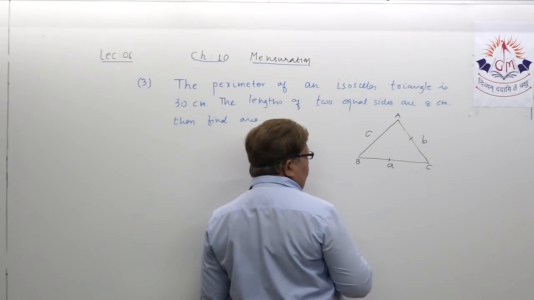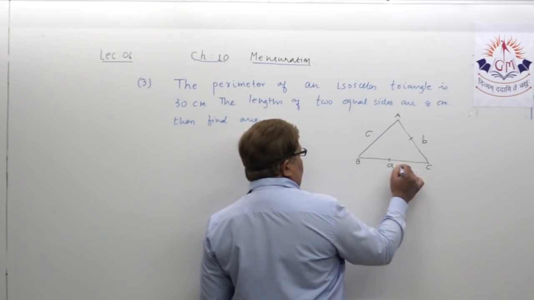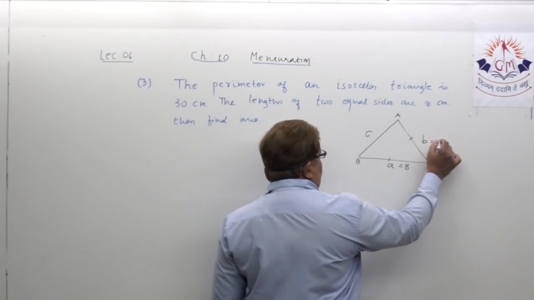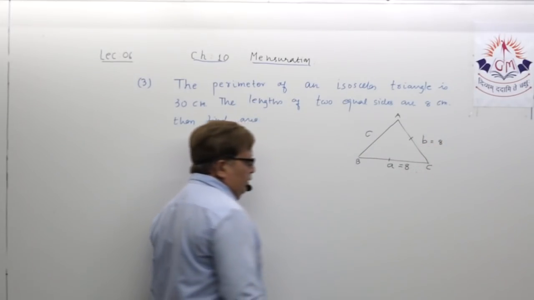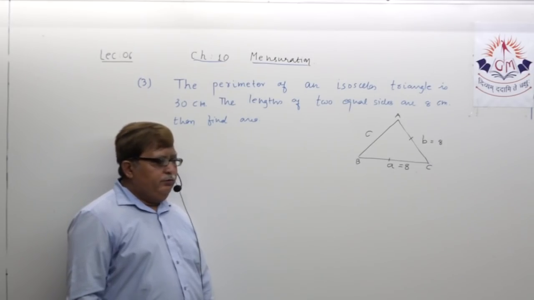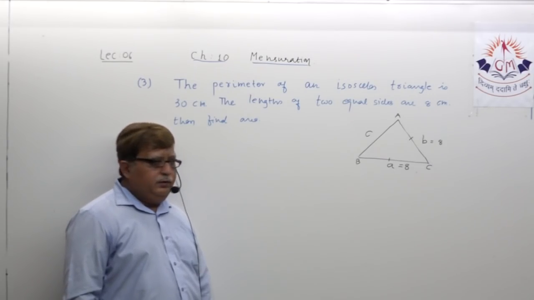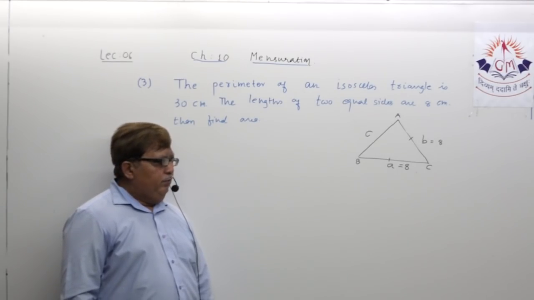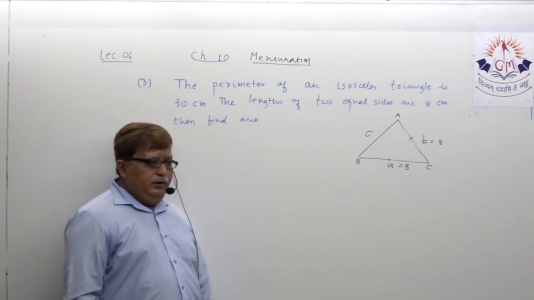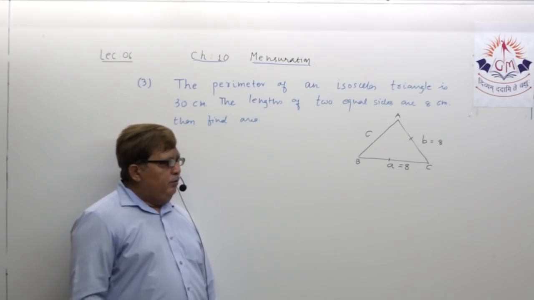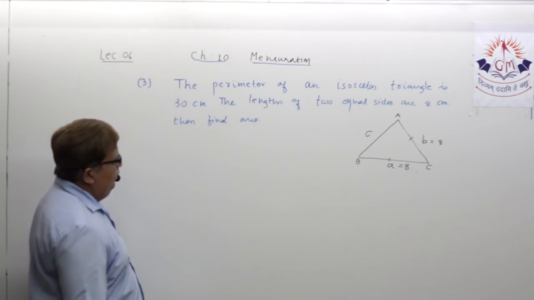Let us say these two sides are equal. Obviously a will be 8 and b will be 8. We have taken BC and AC as the equal sides. BC is designated as a, AC is designated as b. So a equal to 8 and b equal to 8.